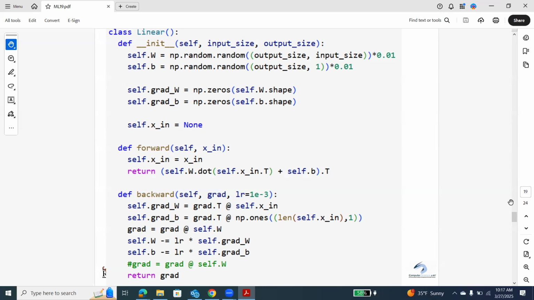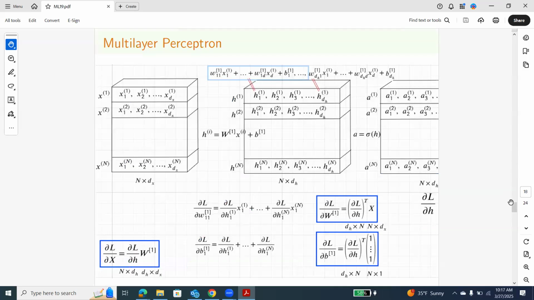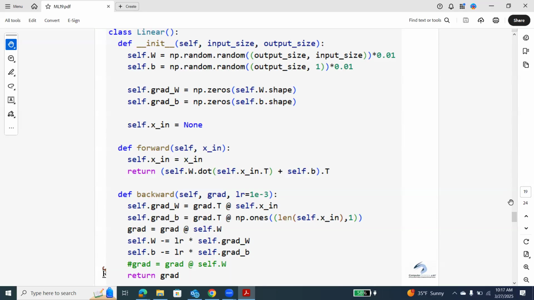We calculate the gradient with respect to X, which was, as you remember, the loss times W. This is the out. But we also update our parameters. So we calculate the gradient of our loss function with respect to B and W. As you remember, it was the gradient transpose times X, and the gradient transpose times the matrix of ones. And then we update these parameters.